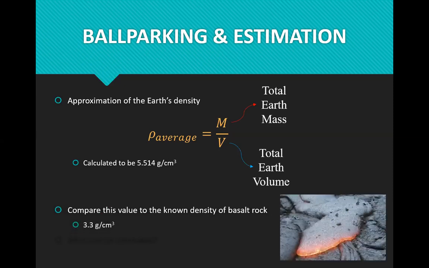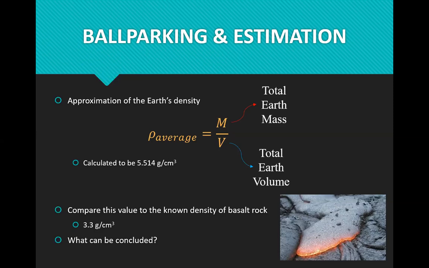And it turns out that from geology, we know that something called basalt rock, which is kind of like lava rock that you see right here in the rightmost picture, has a density on average of about 3.3 grams per cubic centimeter. What's important to recognize about this comparison is that the Earth as a whole, on average, has a density that's almost twice as much as that of stereotypical rock, aka basalt rock.